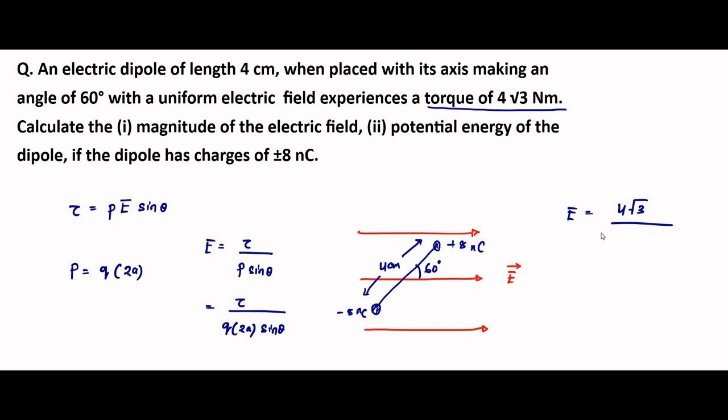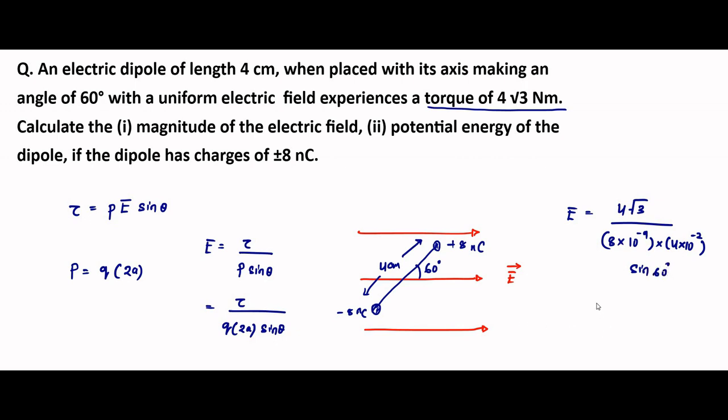divided by the dipole moment Q into 2a, that is the magnitude of either charge, 8 × 10^-9 coulomb, separation distance of 4 × 10^-2 meter, and sin 60 degrees.